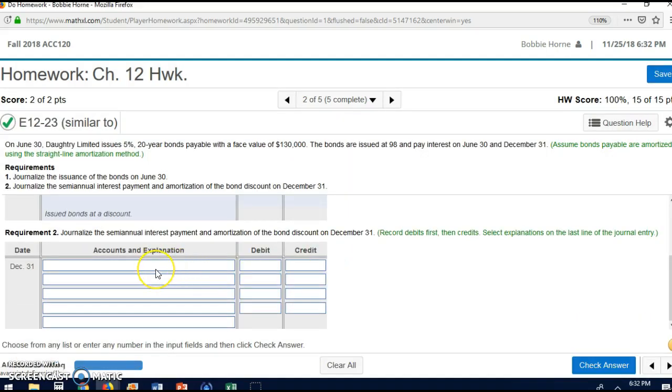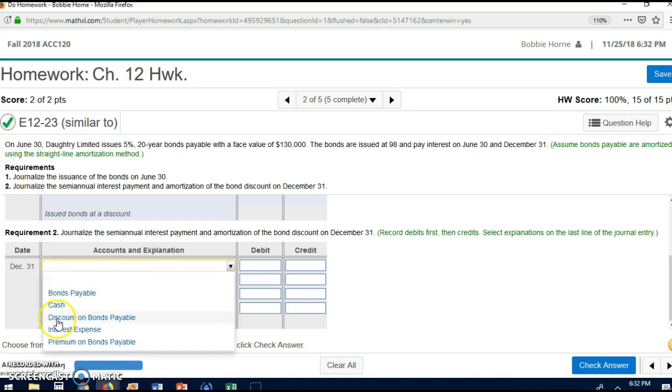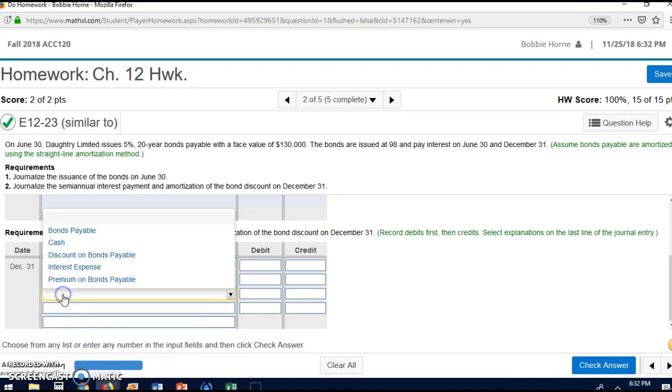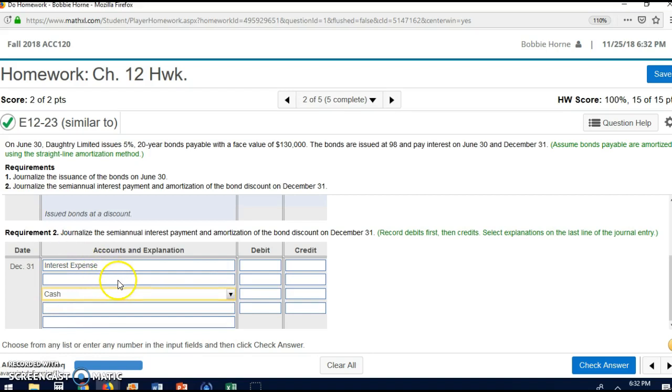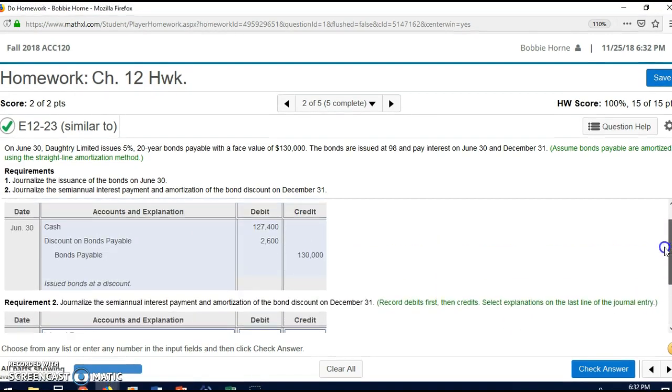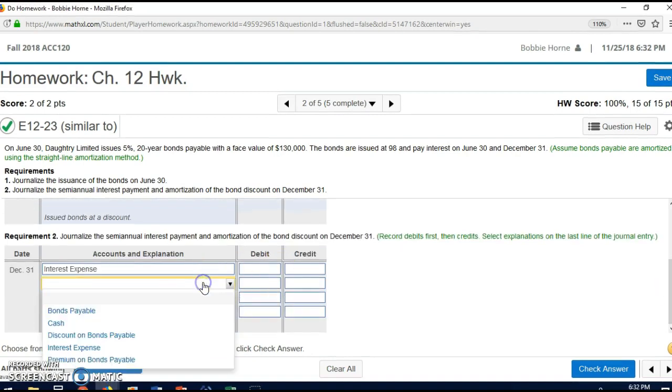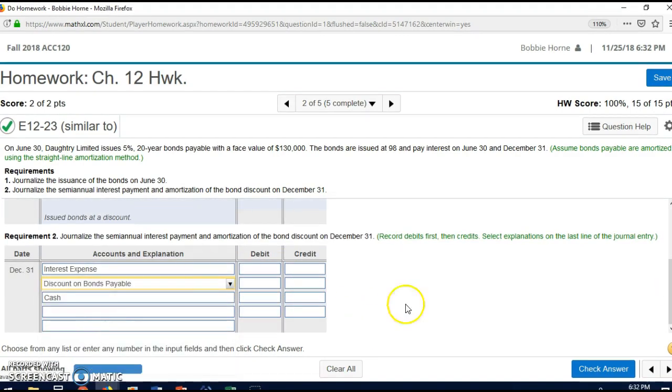Now, to journalize the semi-annual interest payment and amortization of the bond discount, the first thing we're going to do is debit interest expense and credit cash, but we're also going to reduce the amount of the discount. So we normally debit it, so we're going to credit it when we amortize the discount.